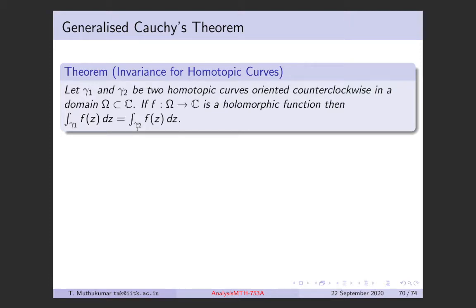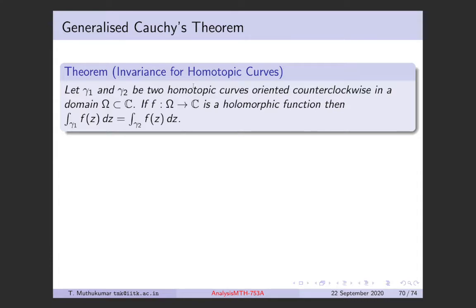From the definition that we gave in the previous lecture, you can verify that homotopy is an equivalence relation. So you can say two curves are equivalent if they are homotopic to each other.